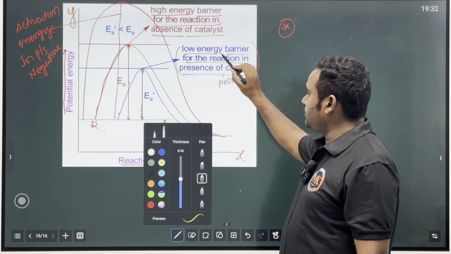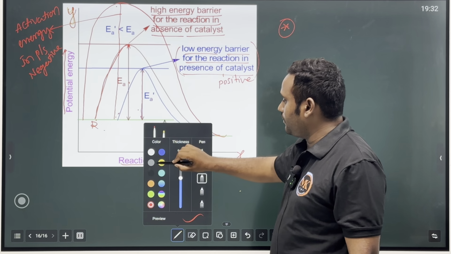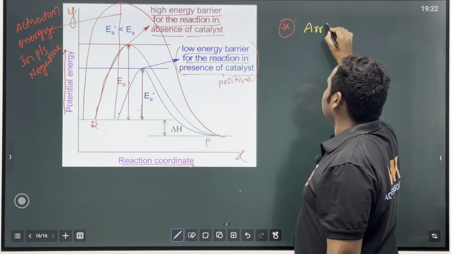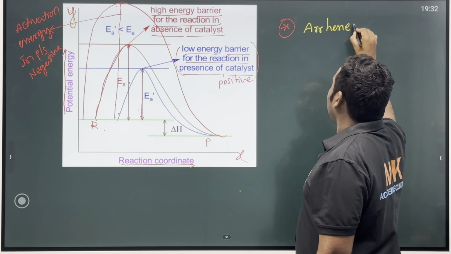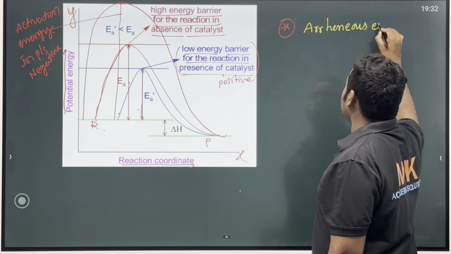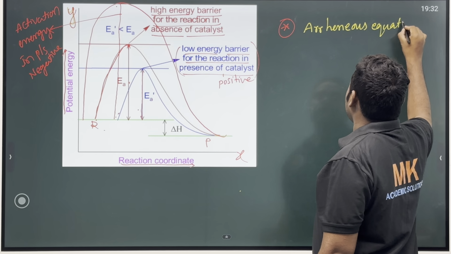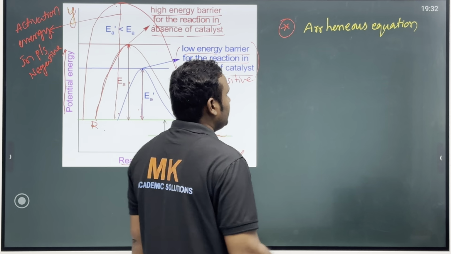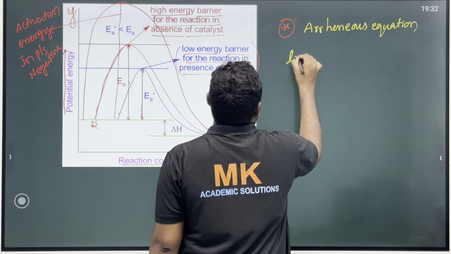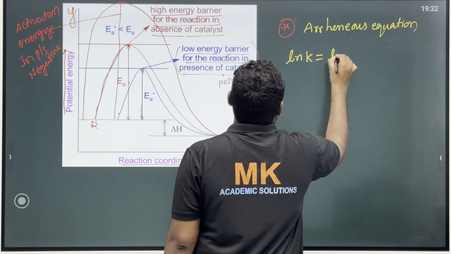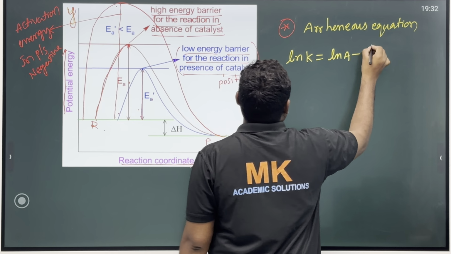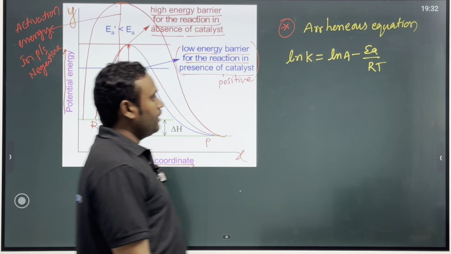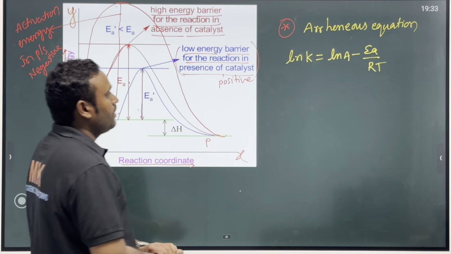Keep one thing in mind, temperature is constant here. Temperature we are not going to change. We know that ln K is equal to ln A minus EA by RT.